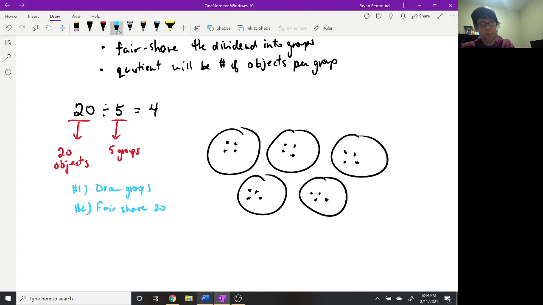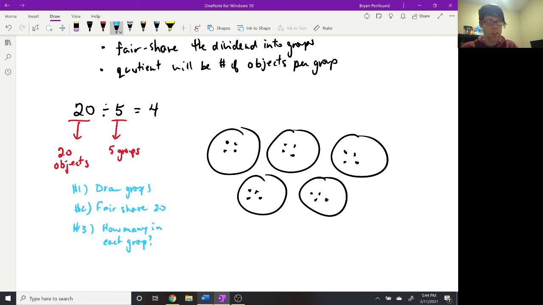Once we've fair shared as best we can, and maybe we have some remainder, the final answer is how many objects are in each group. In our case, there are 4 objects in each group. That's our final quotient.